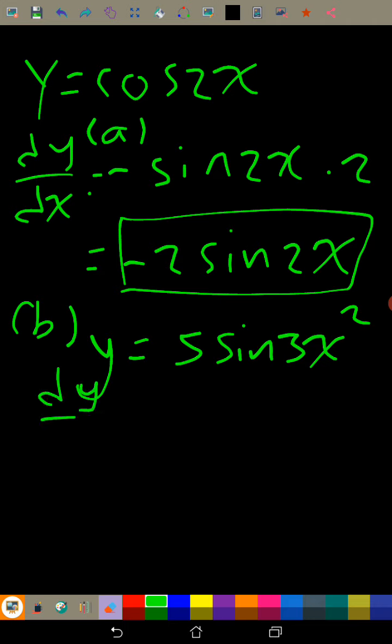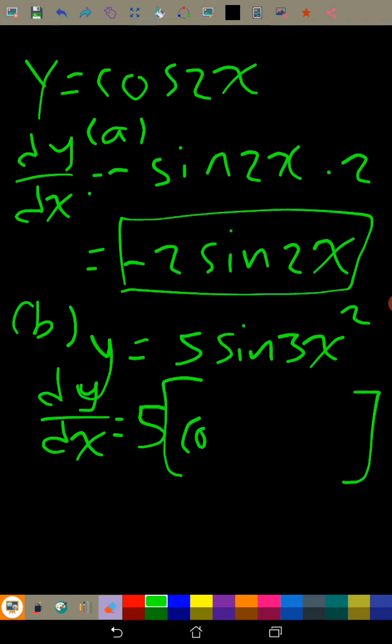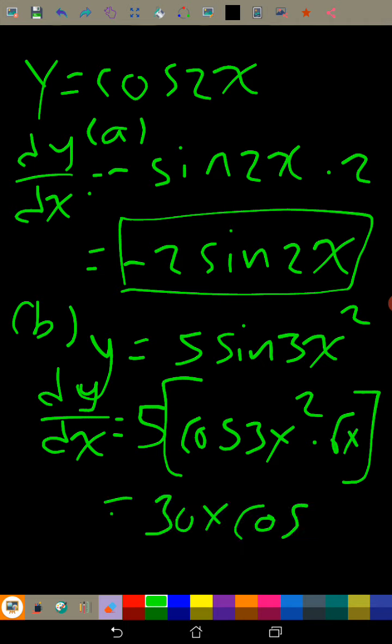So dy by dx is going to be 5 outside, and then differentiating sine gives cos, cos 3x squared, and then times 6x. So overall it is 30x cos 3x squared. So that's what we have.